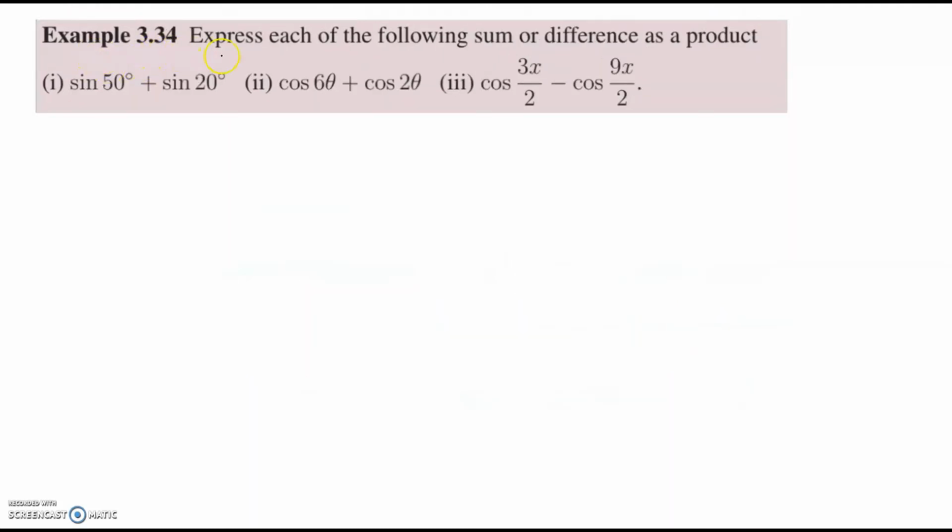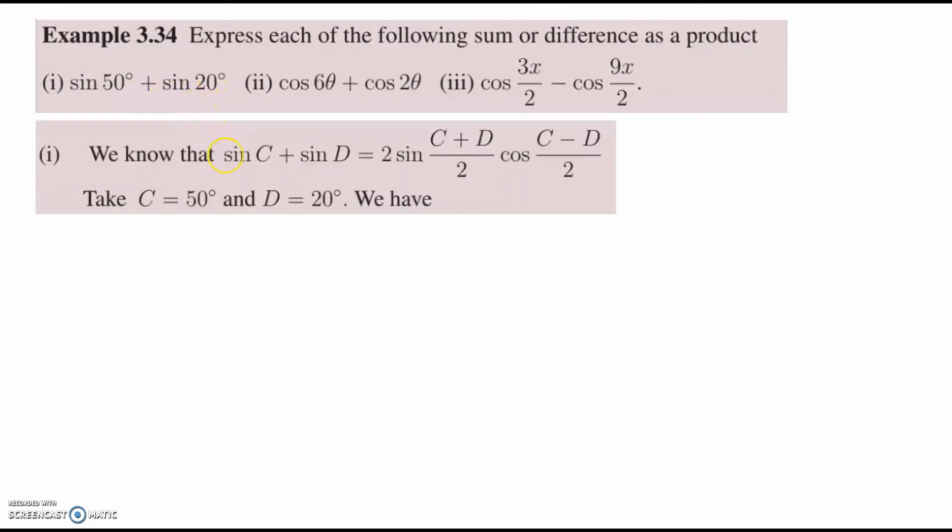Example 3.34. Express each of the following sum or difference as a product. So we have the first question, which is sine 50 plus sine 20 degrees. And we know that sine C plus sine D is equal to 2 times sine((C plus D) by 2) cos((C minus D) by 2). So let's take our C to be 50 and our D to be 20.